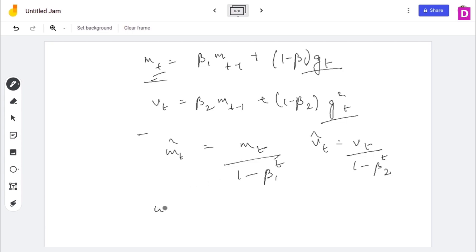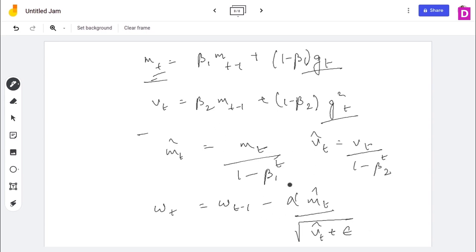So this brings it down to the final equation: wt equals wt minus 1 minus alpha times mt hat divided by square root of vt hat plus epsilon. Now if you see the equation, the structure is very similar to SGD or ADA grad or ADA delta.